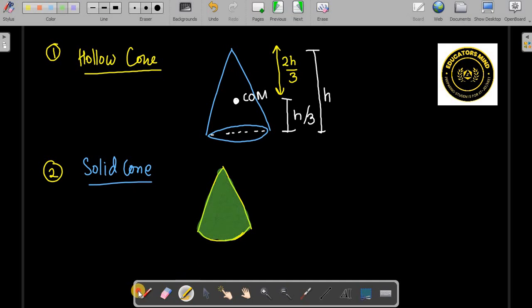So where will be the center of mass of this body? The center of mass will be at h by 4. So it will lie closer to the base. Total h is the height, and now it will be h by 4.